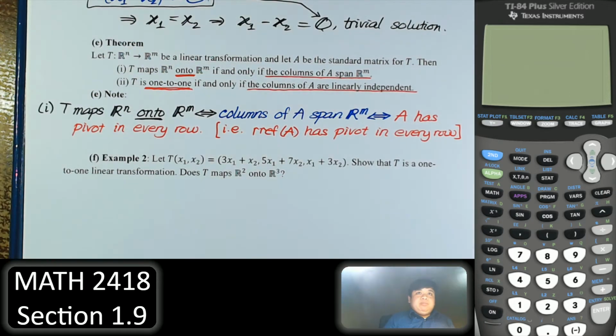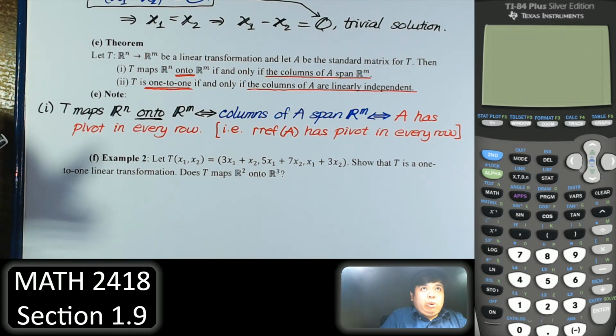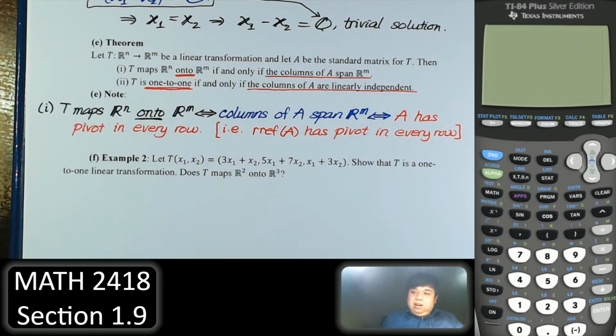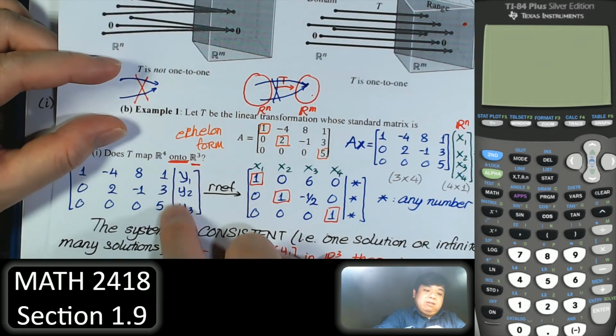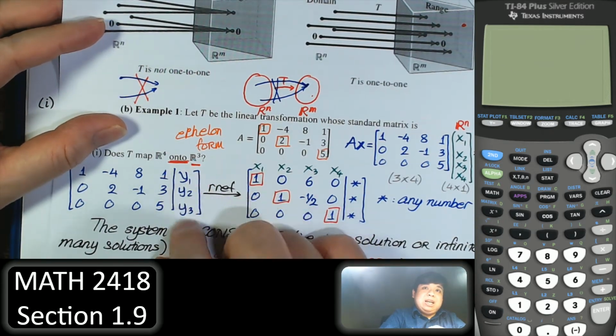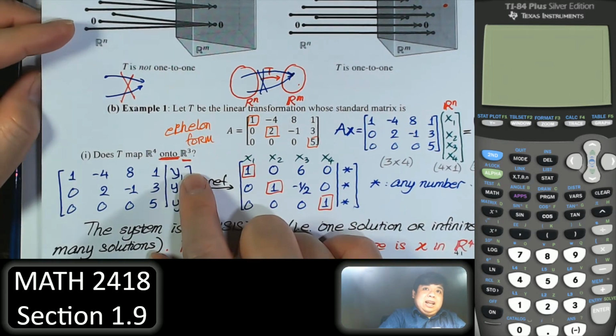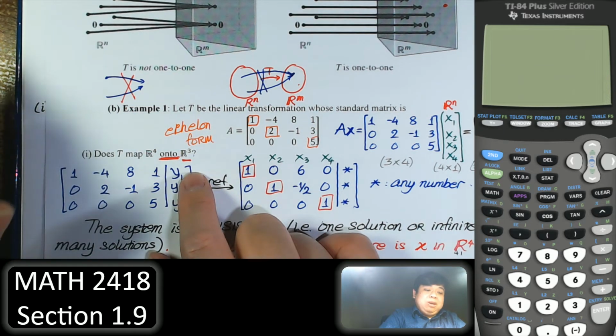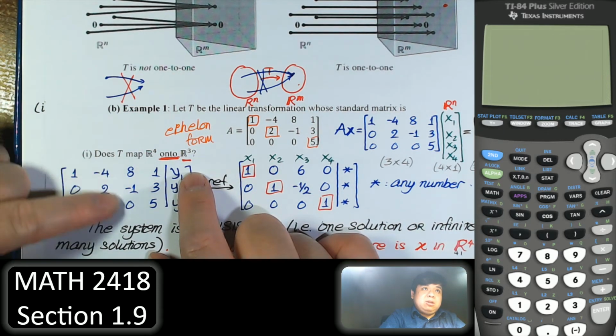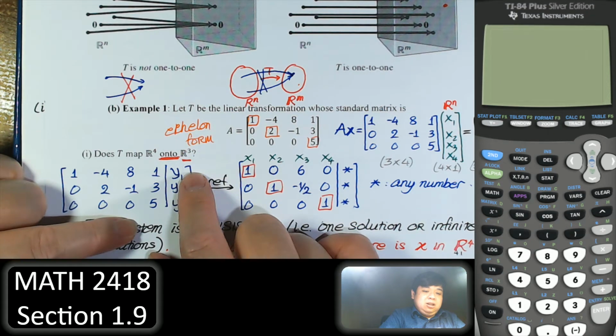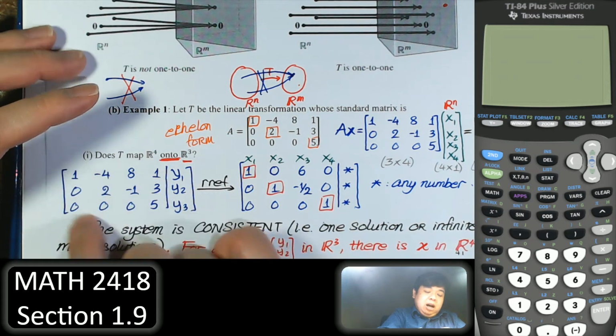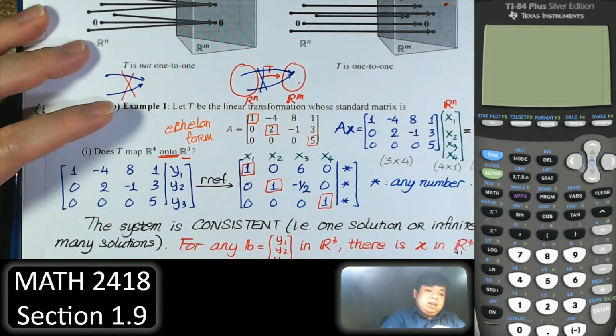So that is equivalent to onto, meaning doesn't matter what the image is, there will be a solution. There will be a linear combination of the columns of the matrix that equals the image.